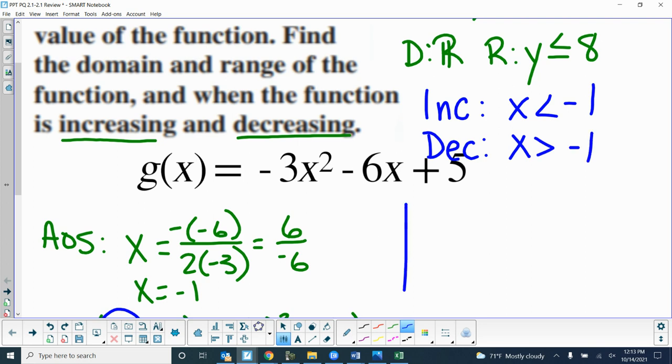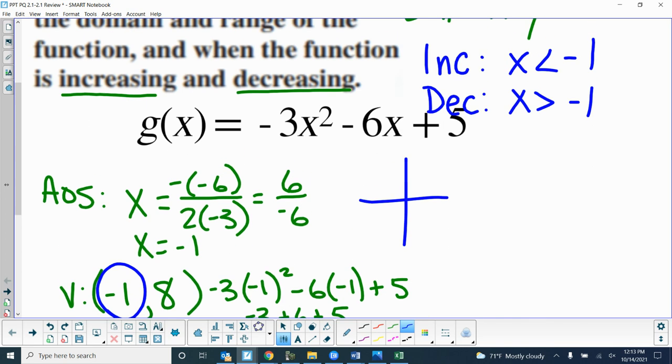Because if I do a quick sketch, my vertex was at negative 1, 8, right? So that's up here. So there's the increasing side, less than negative 1, and there's the decreasing side, greater than negative 1.